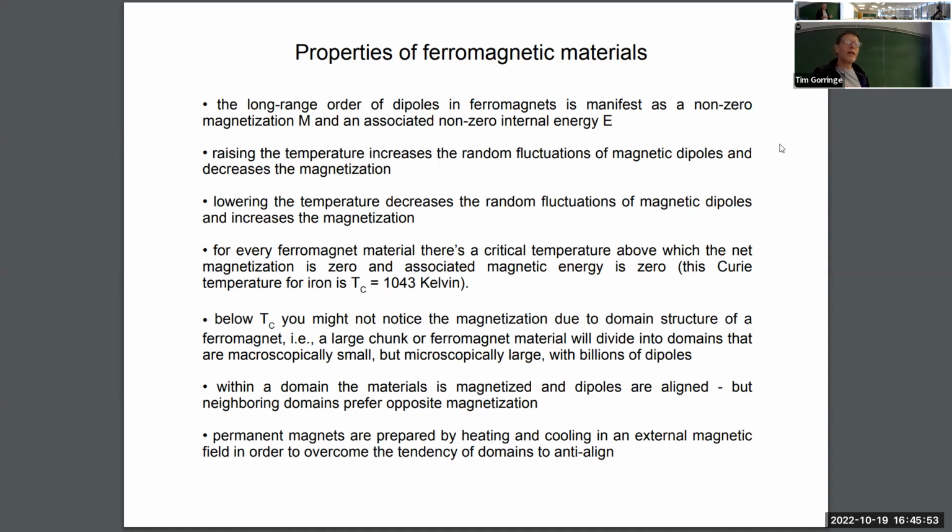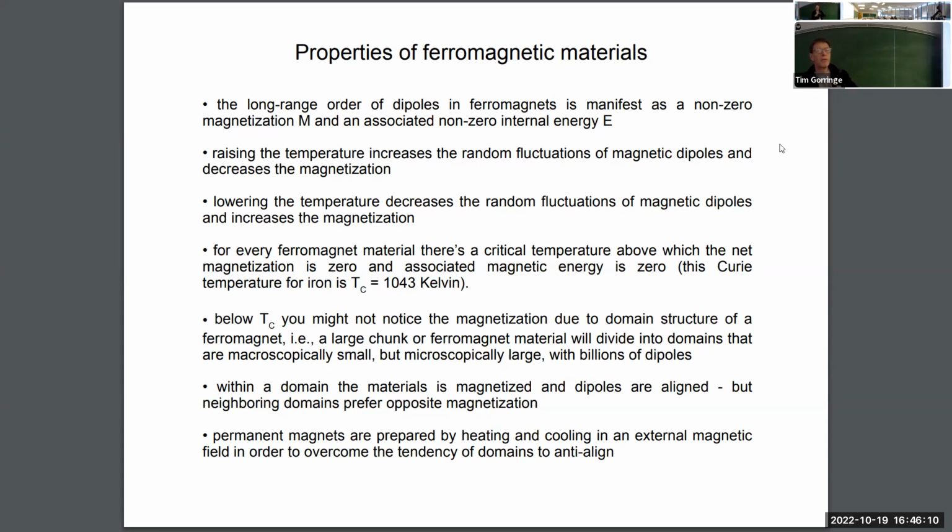And overall you get no net magnetization. Although underneath that apparent lack of magnetization are these many macroscopically small, microscopically large domains that are actually magnetized.